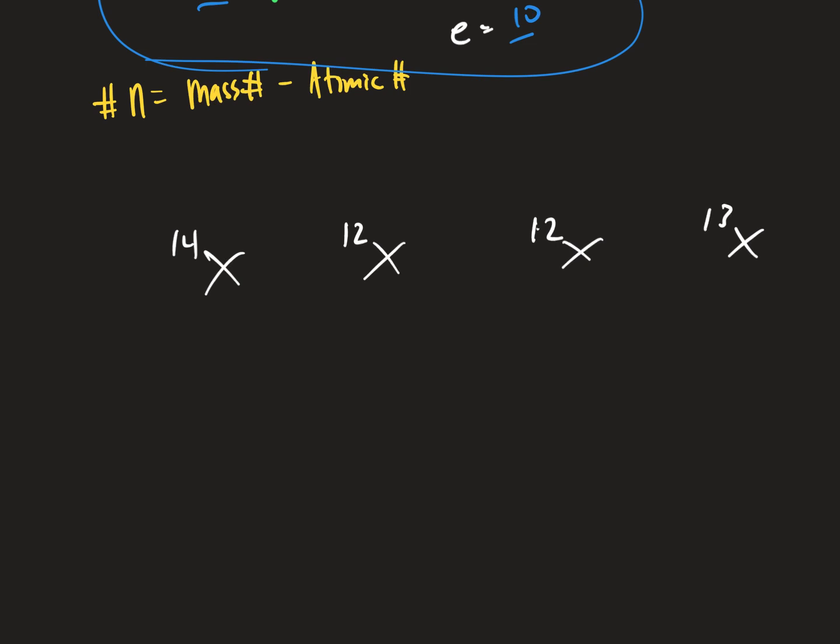And let's say we have 6, 7, 8, and 6. Out of these atoms, which two are isotopes will be a good test question. And if we call this A, B, C, and D, your answer would be, which two are isotopes?